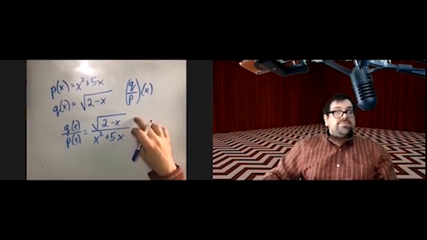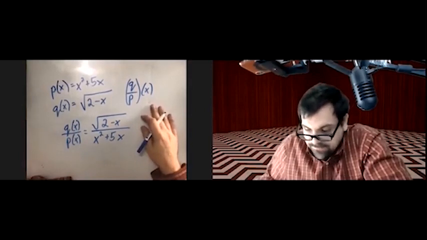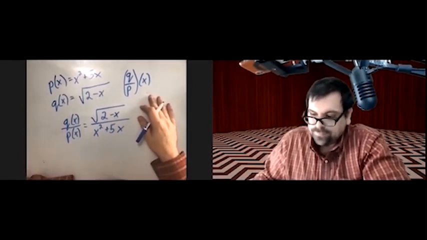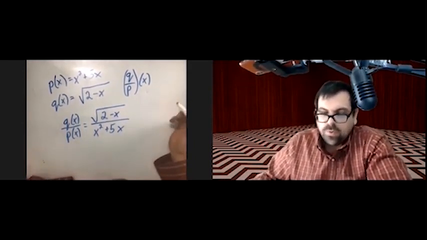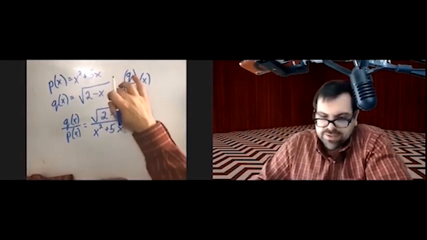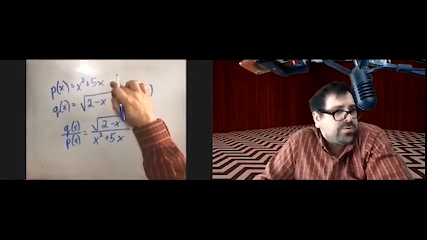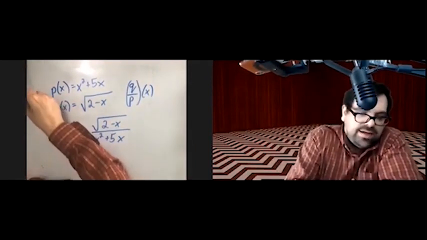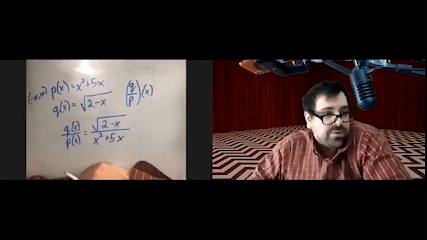We need to find the domain of this, though. So what can't we have? Well, the domains of each of these. P itself, x squared plus 5x, there's nothing we can't have there. So the domain for P is all real numbers.